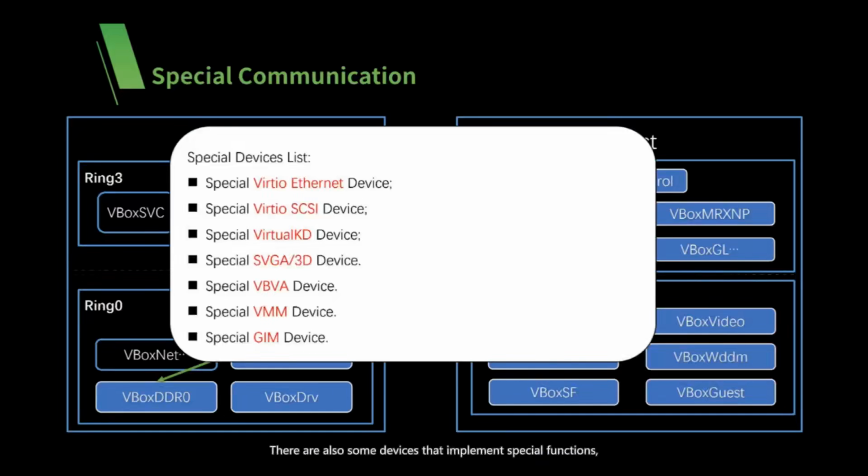There are also some devices that implement special functions, such as VirtualKD device for debugging, and VMM devices that provide a basic protocol, HGCM, for various special services, such as folder sharing, file dragging, and other services. Therefore, special communication also has a large attack surface, but due to its private nature, you need to read the source code and reverse the binary to know its details.